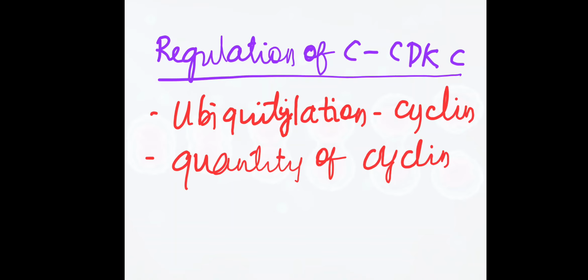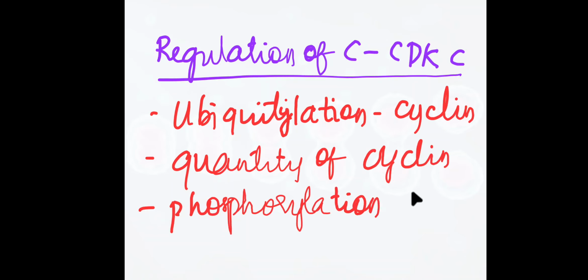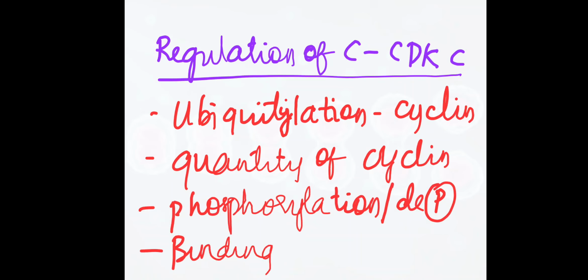Then there is another mechanism which regulates the cyclin CDK complex, that is phosphorylation and dephosphorylation, and binding of CDK inhibitor protein, CKI. So these are the four major factors or criteria which regulate the cyclin CDK complex.